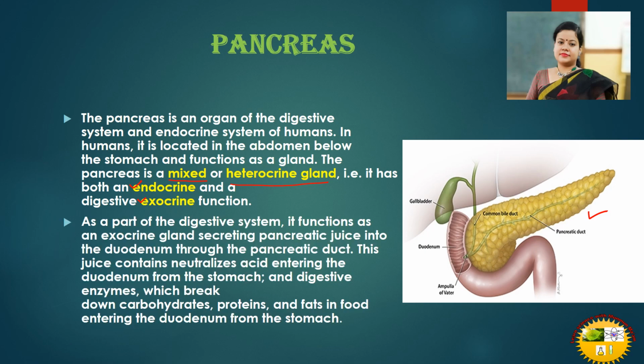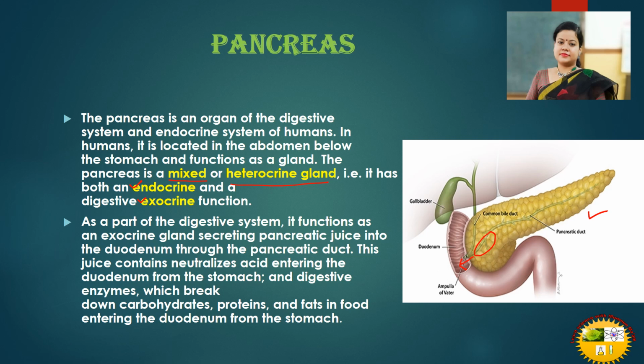As a part of the digestive system, it functions as an exocrine gland and secretes pancreatic juice. This pancreatic juice is secreted into the duodenum through the pancreatic duct. You can follow the diagram, see that this is the pancreatic duct that is pouring pancreatic juice into the duodenum, which is the part of the small intestine we already know, right?